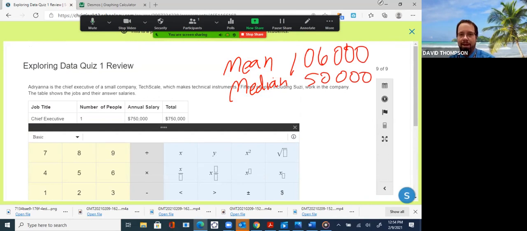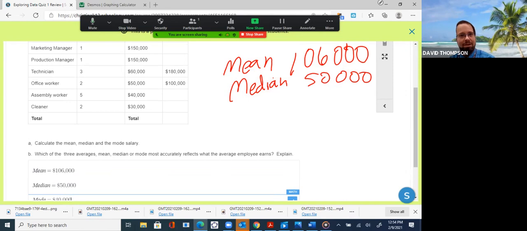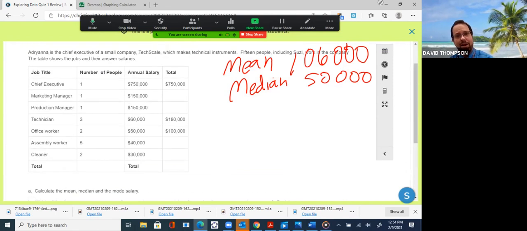Now, we're being asked, which of the 3 averages, mean, median, or mode, most accurately reflects what the average employee earns? So the mode, even though that has the most number of people making that, we want to know the average. So usually we think of averages, we want to think about median or mean. So the mean is $106,000, but there's only 3 people making more than $106,000.